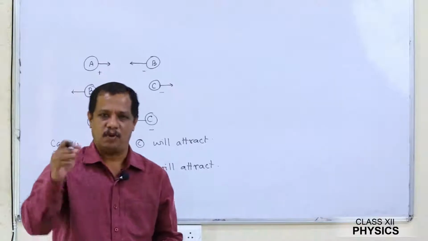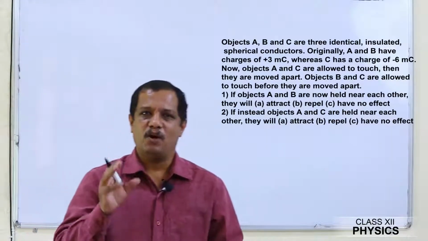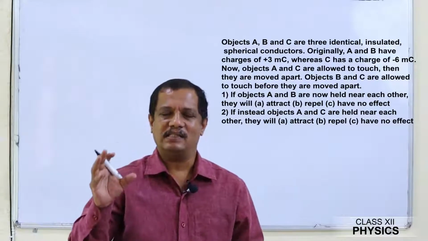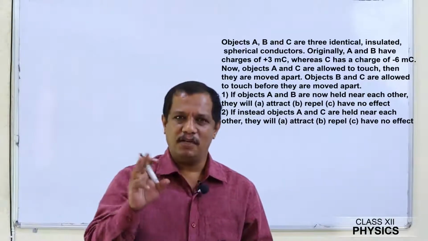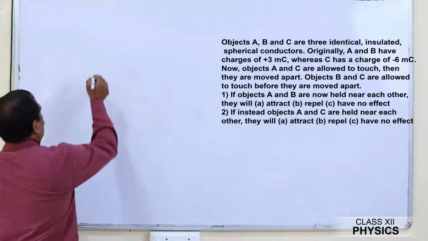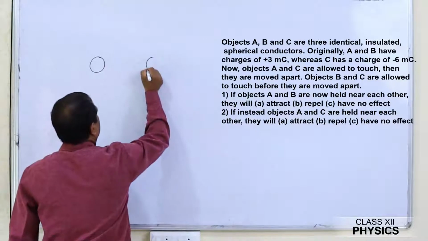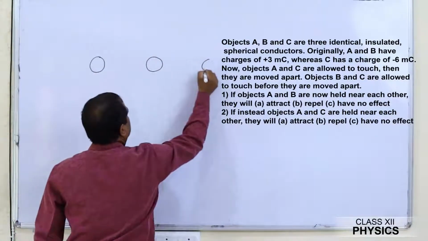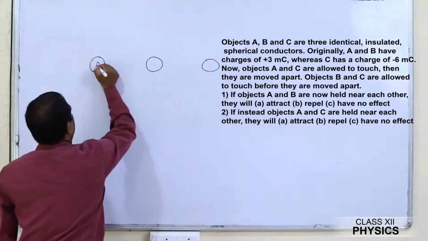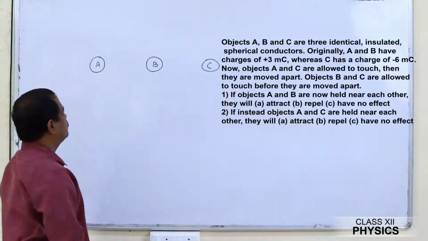Let us move on to the next problem. Let us suppose that we have three bodies A, B, C. All three bodies are identical and all are conductors.